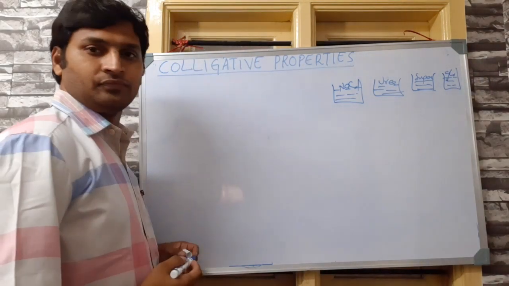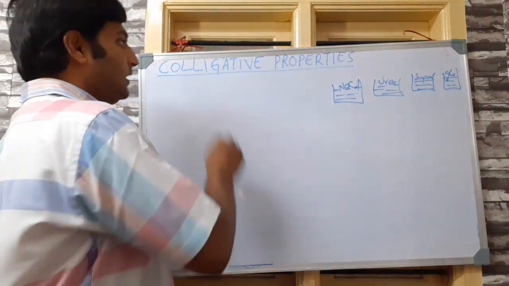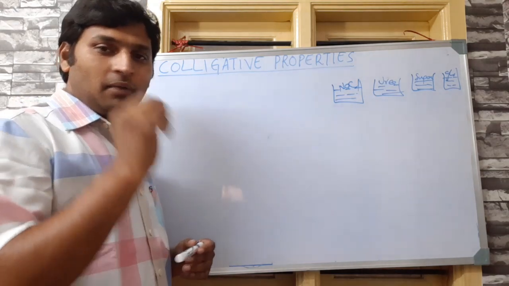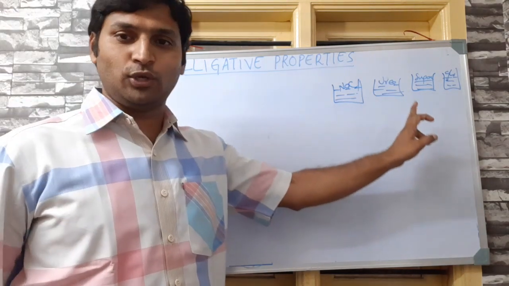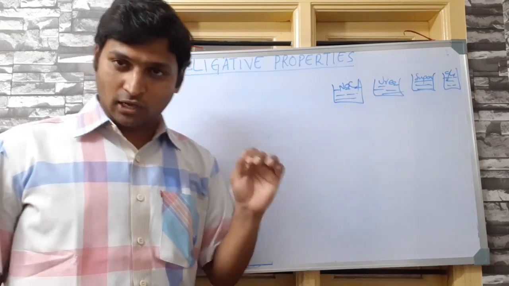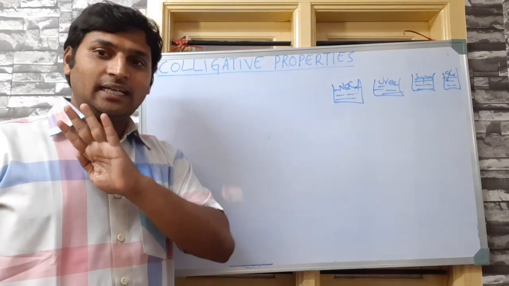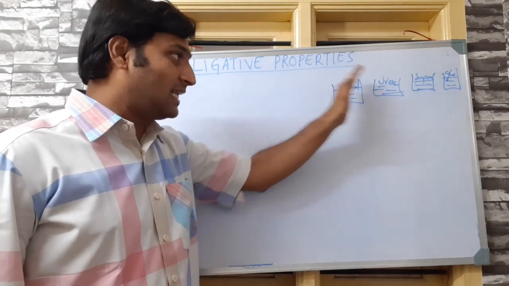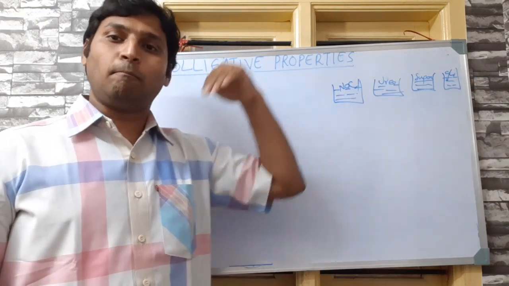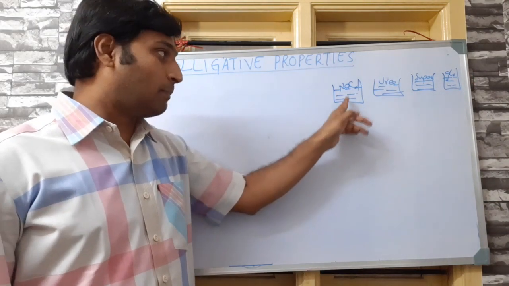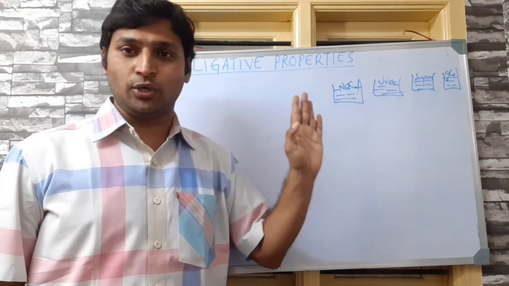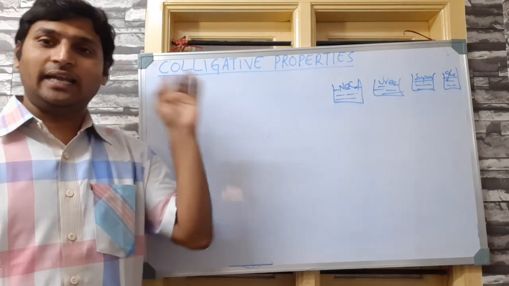Now, the value of a given property of this dilute solution of a non-volatile solid does not depend on the nature of the solute, but depends on the number of particles present. Then you call it colligative property.